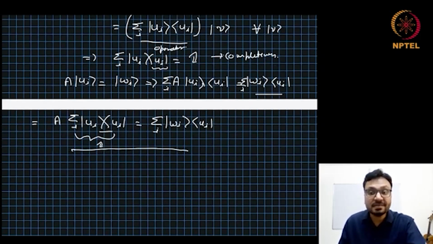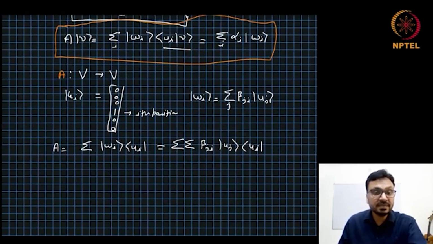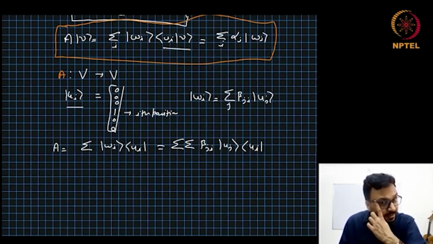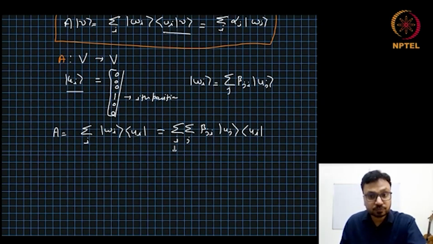This is still abstract because we do not have any representation of the vectors ui or ωi. So to get a proper matrix representation, first we represent the orthonormal basis ui as a column vector, so that the bra becomes the row vector, and we decompose ωi in a similar orthonormal basis. For simplicity we assume V1 equals V2, but if not, ωi can be decomposed in some other basis of the vector space V2.